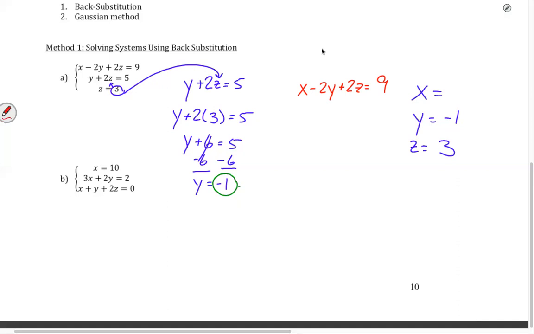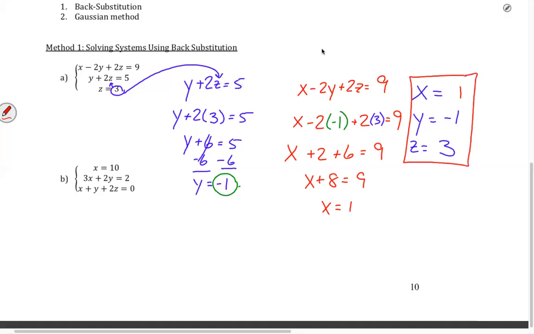So we have x minus 2 times the -1 plus 2 times the 3, and that equals 9. So x, -2 times -1 is +2. 2 times 3 is 6. So I have x plus 2 plus 6 equals 9. X plus 8 equals 9. X equals 1. That's my answer.